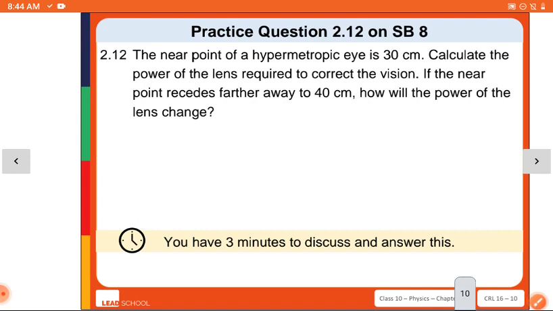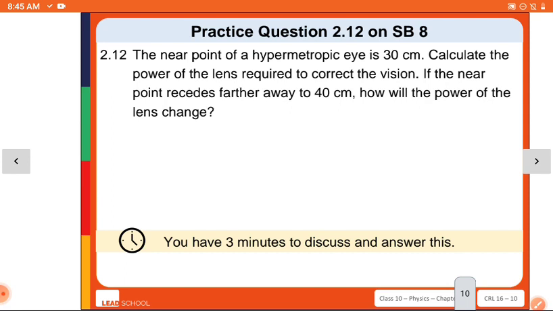So students, open your supplementary book page number SB8, question number 2.12. The near point of a hypermetropic eye is 30 centimeter. Calculate the power of the lens required to correct the vision.